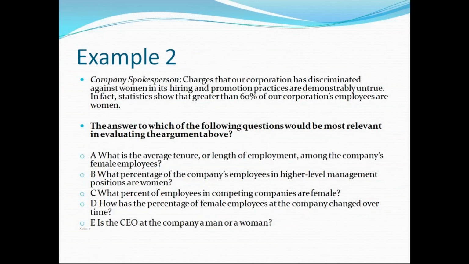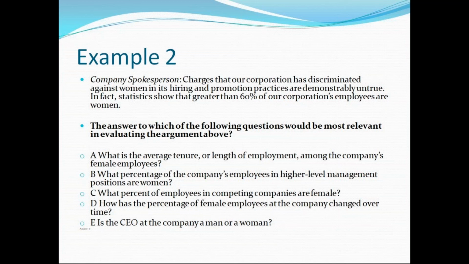Okay, right, I think this one might be more tricky. Company spokesperson: charges that our corporation has discriminated against women in its hiring and promotion practices are demonstrably untrue. In fact, statistics show that greater than 60% of our corporation's employees are women.